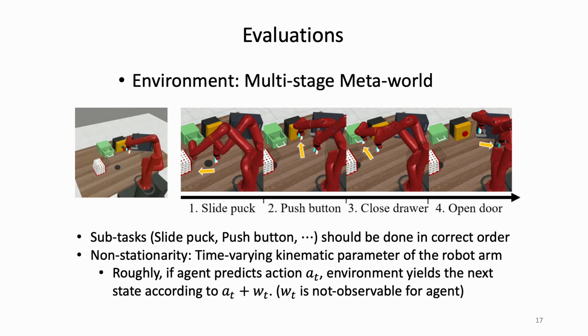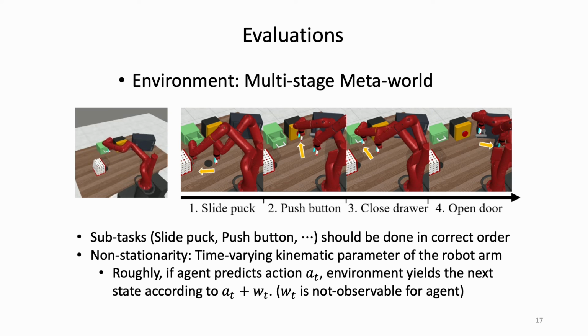The first is to measure performance in long horizon imitation tasks, and the second is to implement a non-stationary environment. In the evaluation phase, subtasks like slide puck, push button, etc. must be correctly achieved in the order given in the video demonstration.